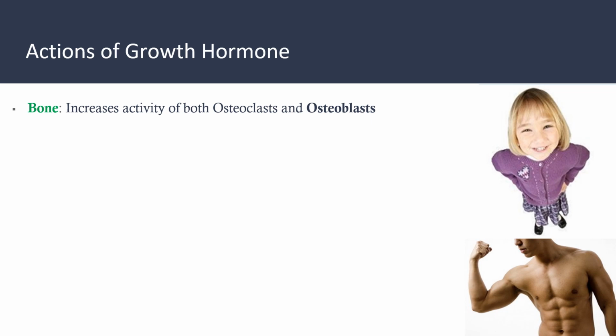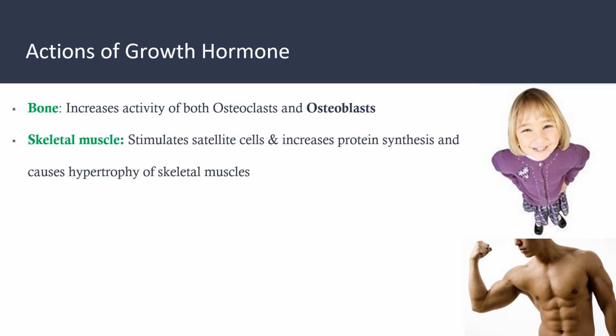So the total bone mass and the mineral content of the bone obviously increases. On the skeletal muscle, the growth hormone increases the growth of the skeletal muscle by increasing the protein synthesis and causing the hypertrophy of the skeletal muscle cell.